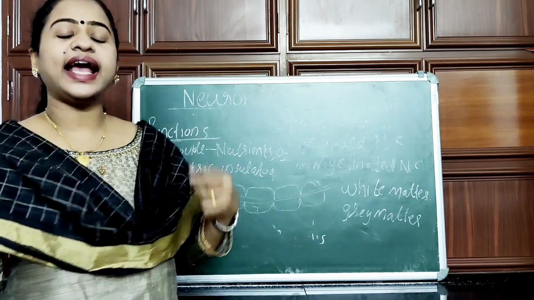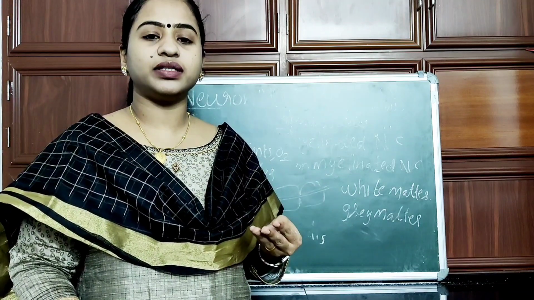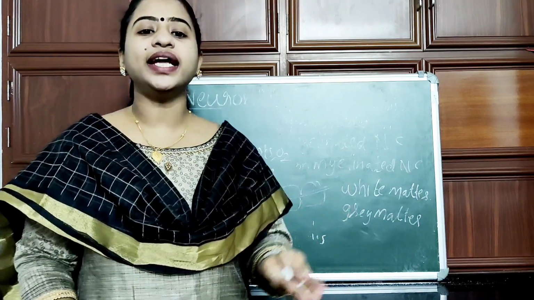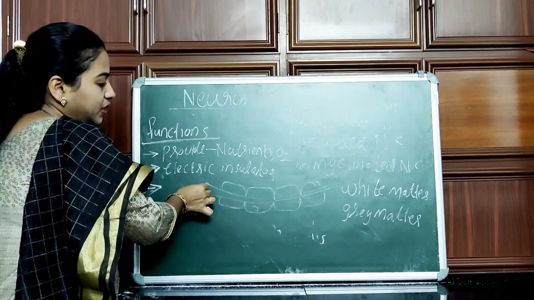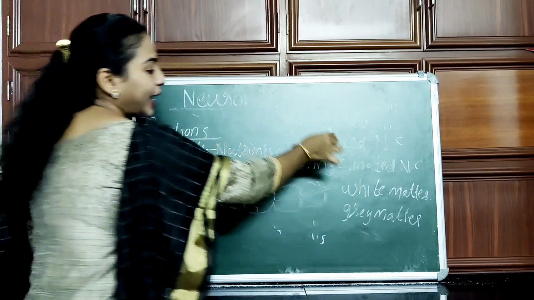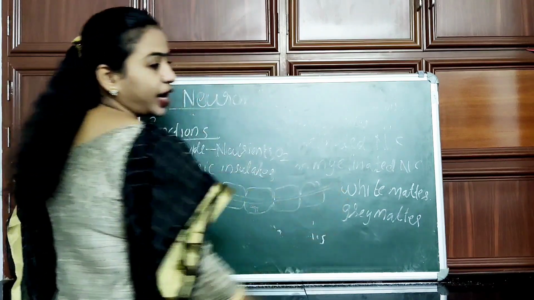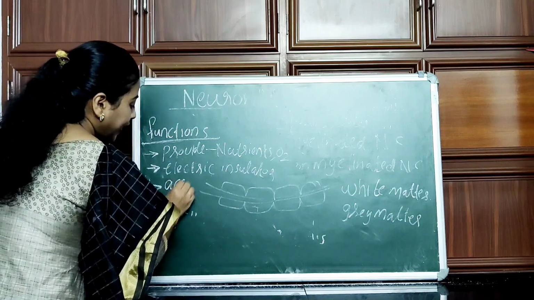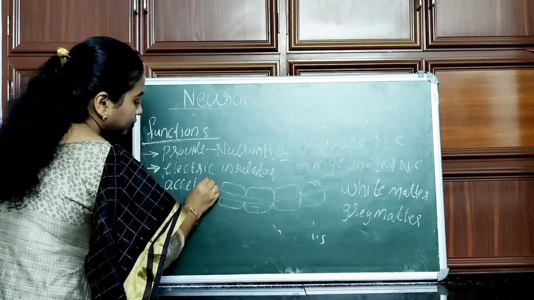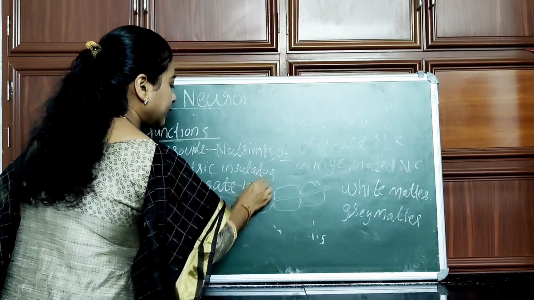Then they accelerate impulses. What do you mean by accelerate impulses? That is, they speed up the impulses. Look here, when the impulses reach here, they will jump and reach the tip of the axon. So they accelerate impulses.